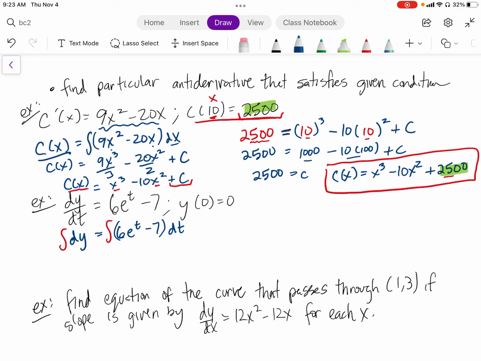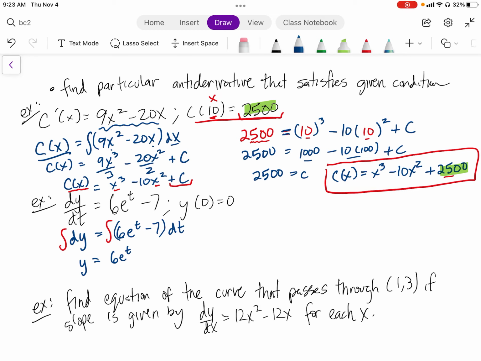So if I have the integral of 6e^t minus 7 dt, then I am finding the original function. Remember, just like derivatives, you can integrate over subtraction or addition. So this would be equivalent to doing the integral of 6e^t, which is 6e^t, right?